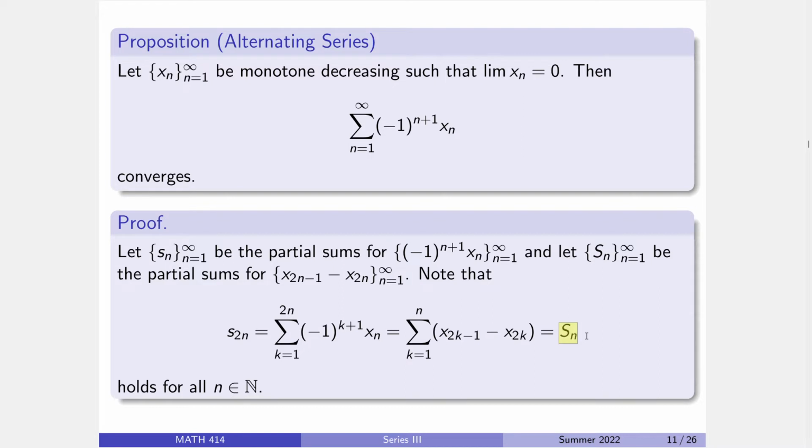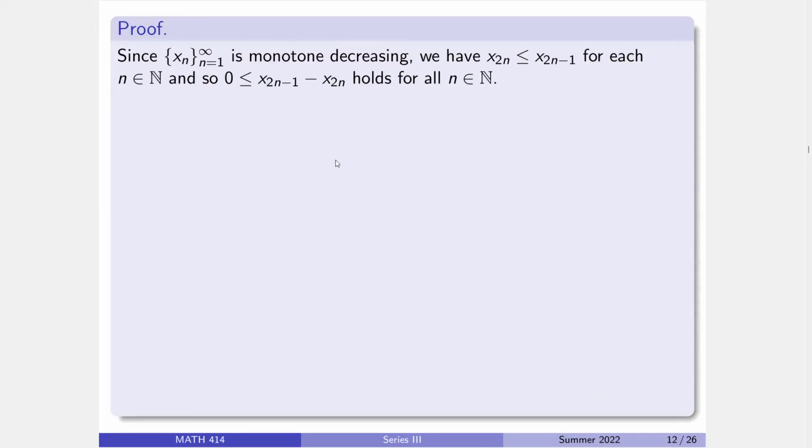All right, so why does capital S sub n converge? Okay. So x sub n is monotone decreasing, which means this has to hold for any n, which means that holds. So, oh hey, all of these terms are non-negative, so this sequence of partial sums is monotone increasing. So that's really slick. We're using the monotone decreasing of a sequence to get a partial sums as monotone increasing.